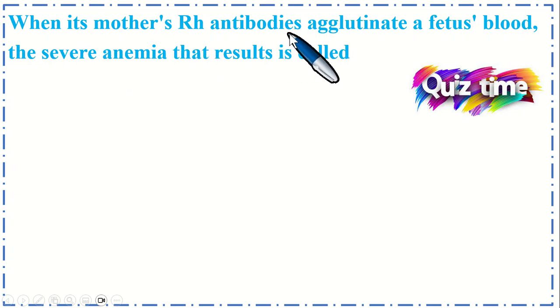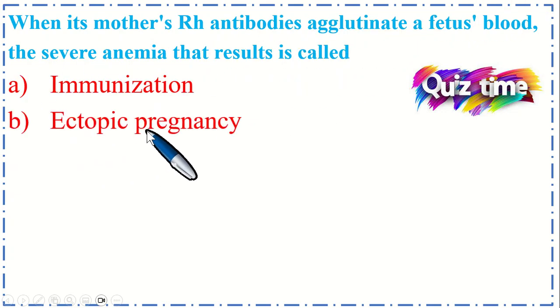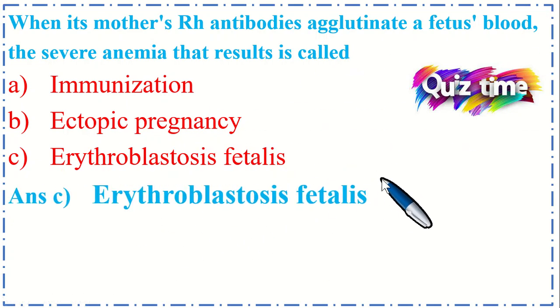When a mother's Rh antibodies agglutinate a fetus's blood, the severe anemia that results is called option A, immunization; B, ectopic pregnancy; C, erythroblastosis fetalis. So the correct option is C, erythroblastosis fetalis.